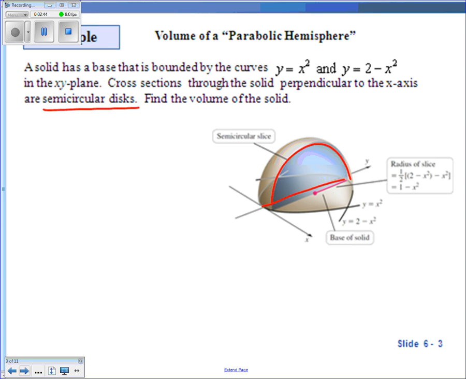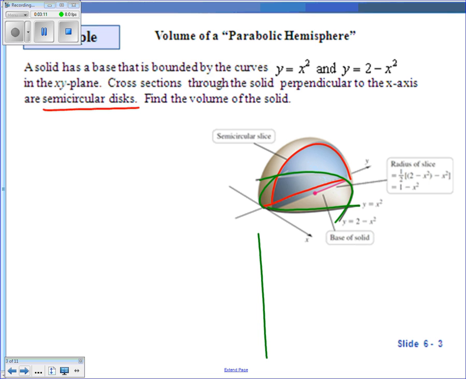And they tell us it's a semicircle. I want the volume of the whole solid. So now that's one cross section here. And notice what the boundaries of this thing are. Our boundaries are the curves y equal to x squared and y equal to 2 minus x squared. So that's telling us what the bottom of that solid looks like.